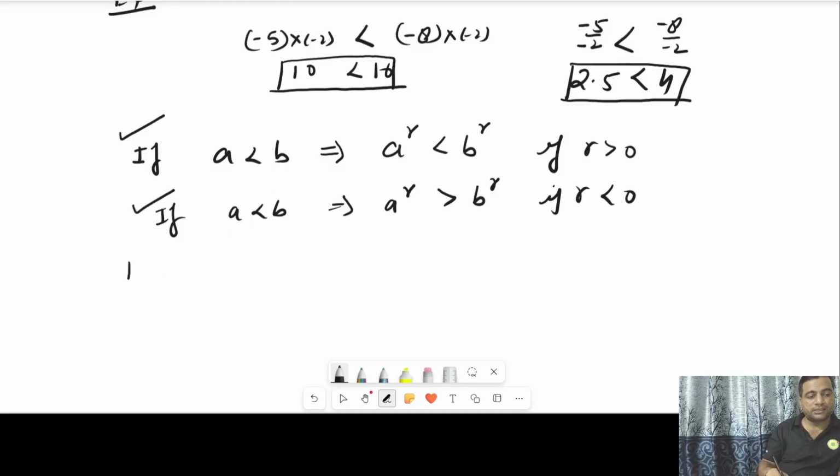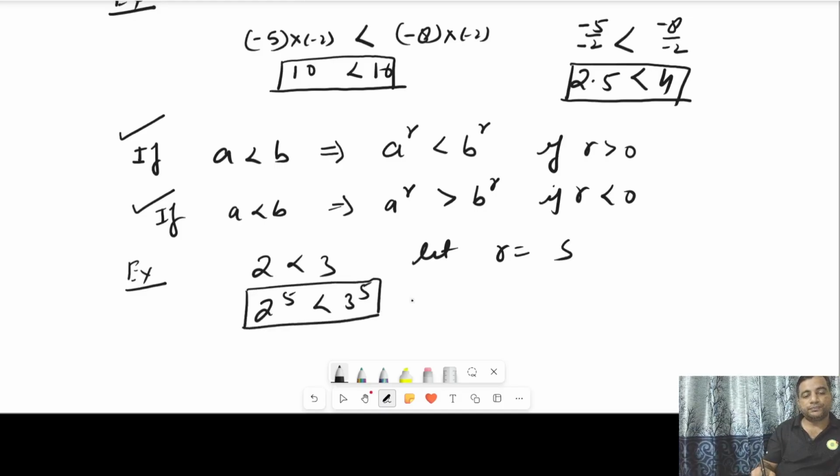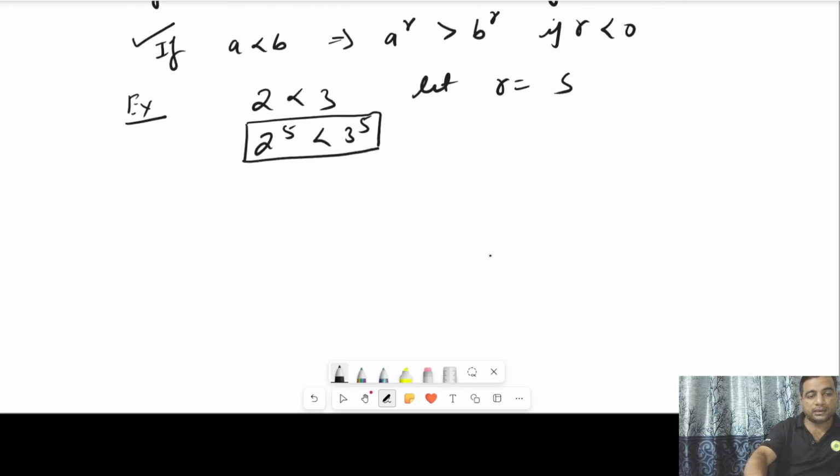Let me take some examples. 2 is less than 3, and let R be 5. So 2 power 5 is less than 3 power 5. And let me take R negative. Another example: 5 is less than 15, and I take R as minus 2.